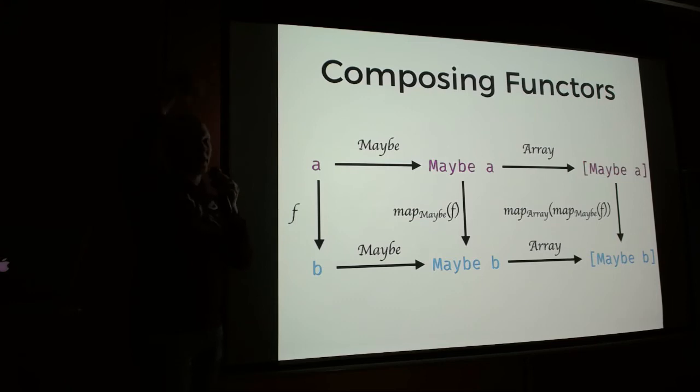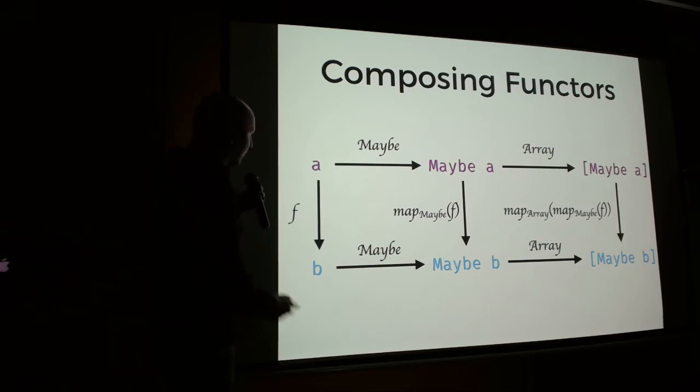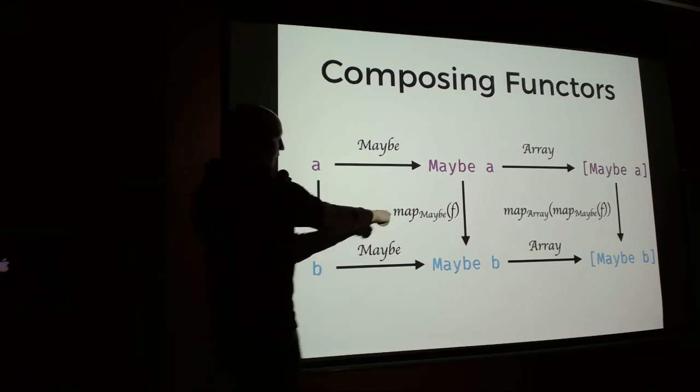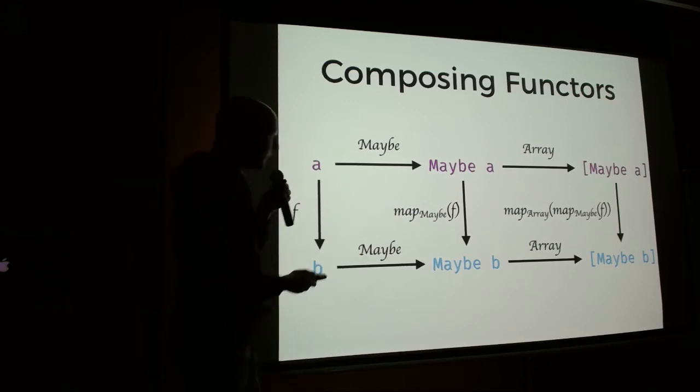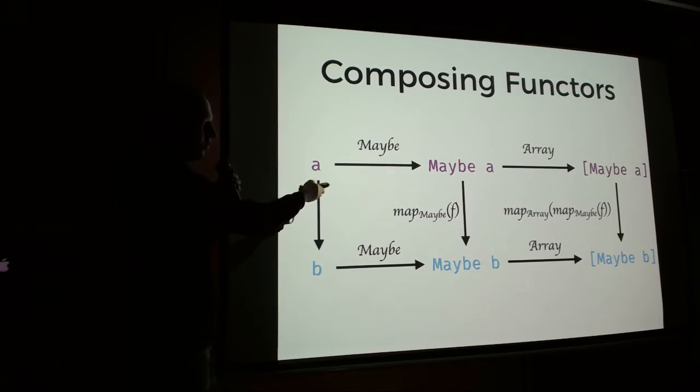It takes every element of the array, then checks if it's null or not. If it's null, it returns null. If not, it returns the function f applied to it. So you're still reusing the same function, right? That's usually defined in the library level. You have those functors. You just use them as third-party code.